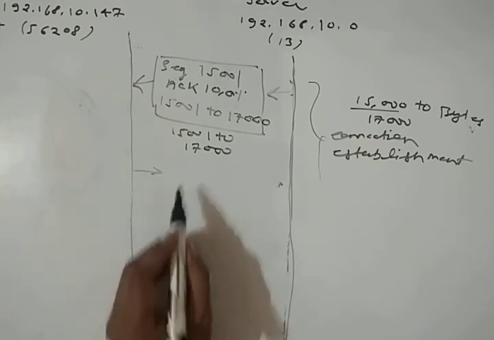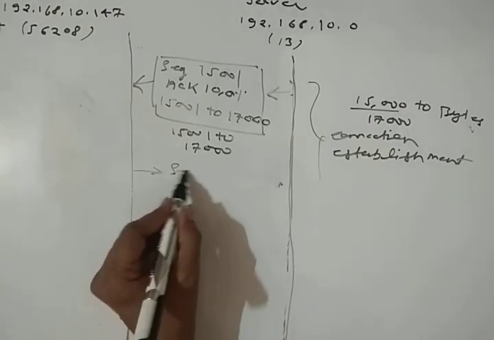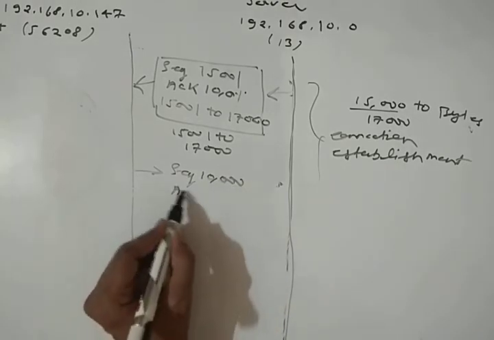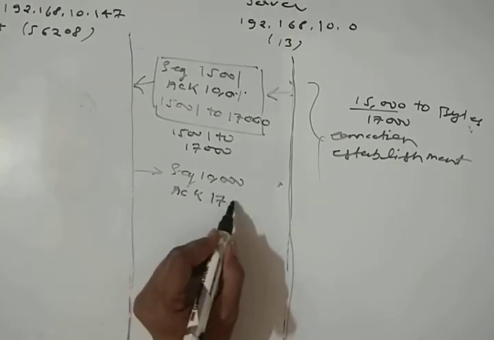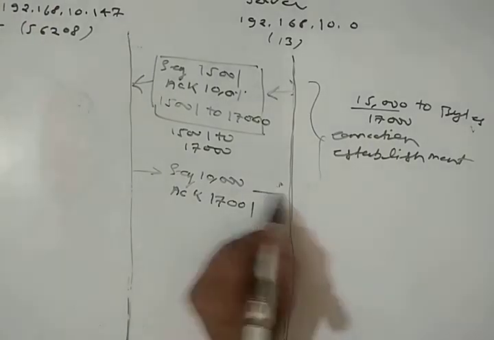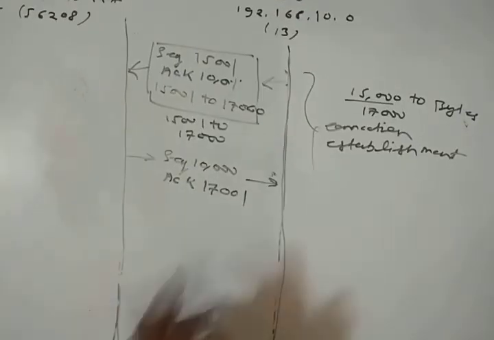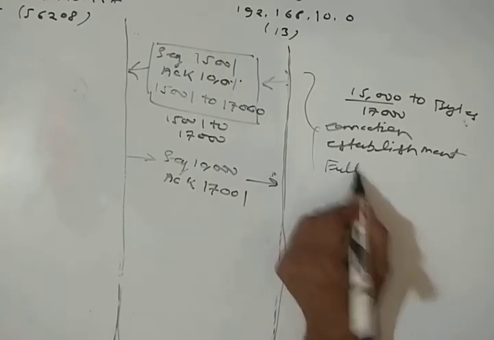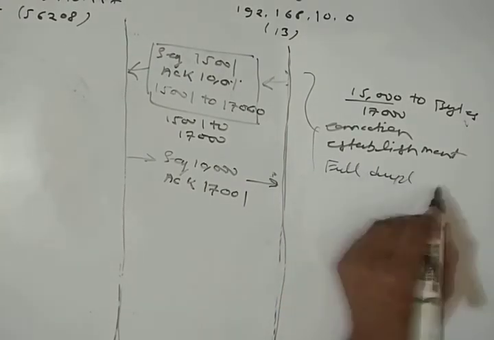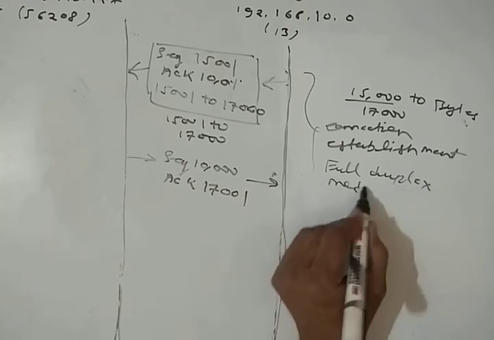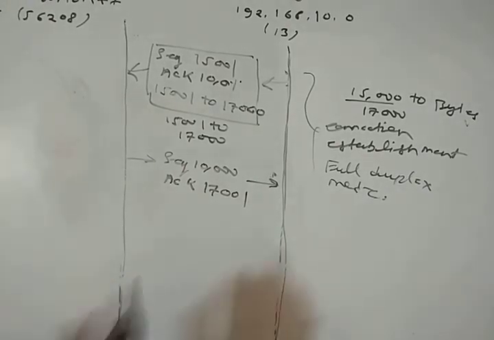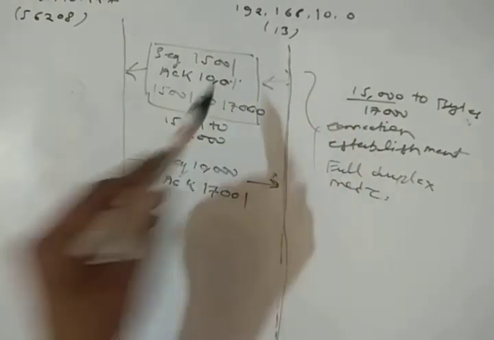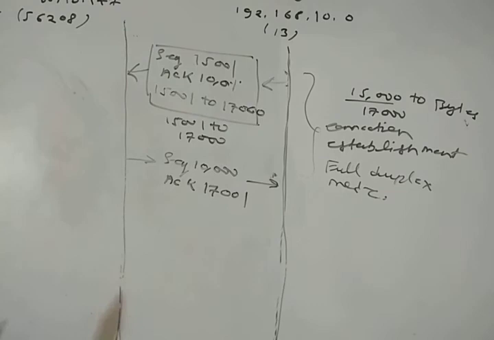Now the client responds with sequence number 10,000 and ACK of 17,001 to the server. That completes the data transfer. This is full duplex mode. After data is successfully transmitted from client to server and server to client, finally we disconnect the connection.